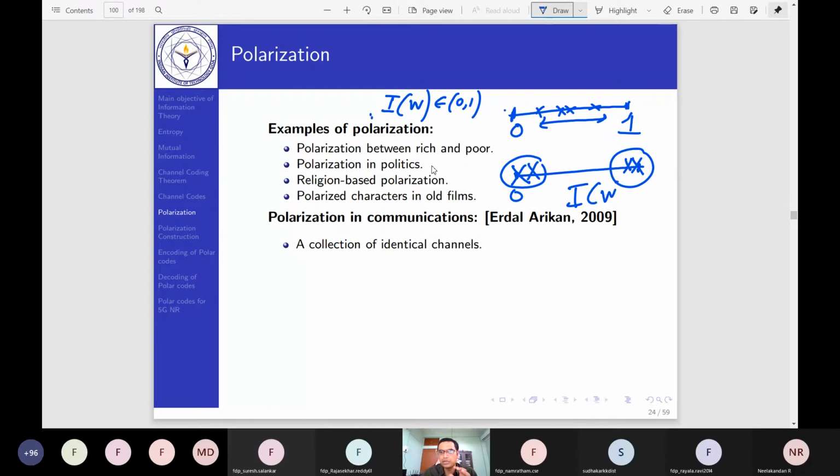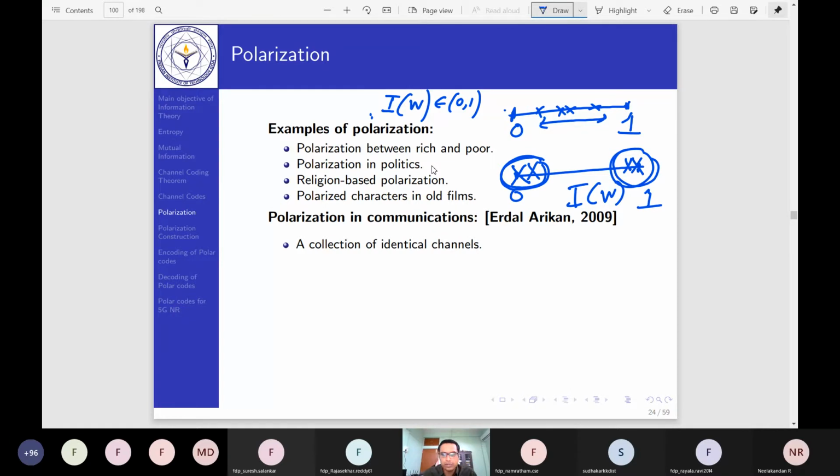This is I(W), the mutual information of a particular channel. If you consider 4 channels and you want the rate of transmission to be equal to 0.5, then half will be put near 0 and half near 1. This is exactly what we will be trying to do. This is what polarization means in polar codes.